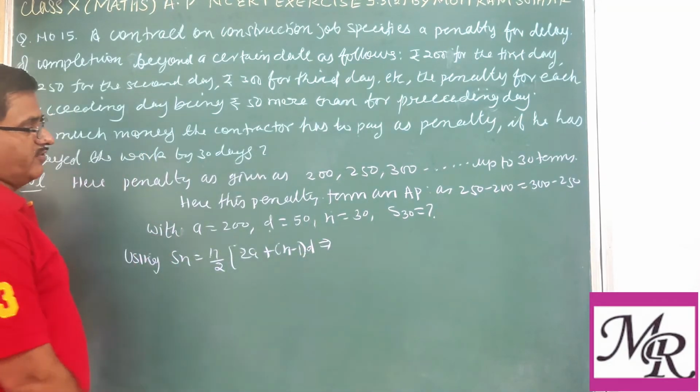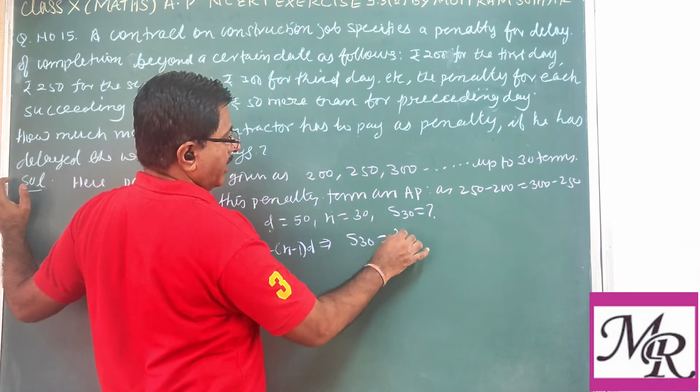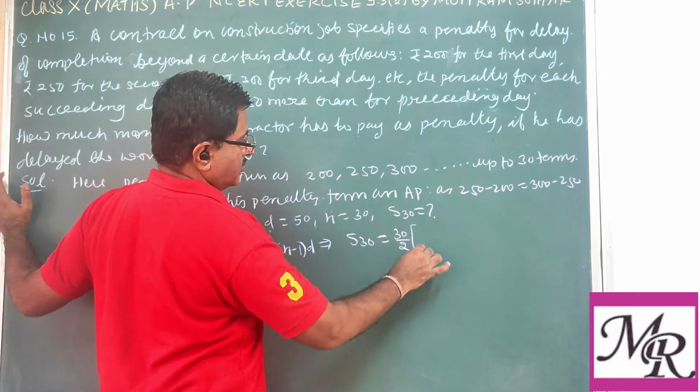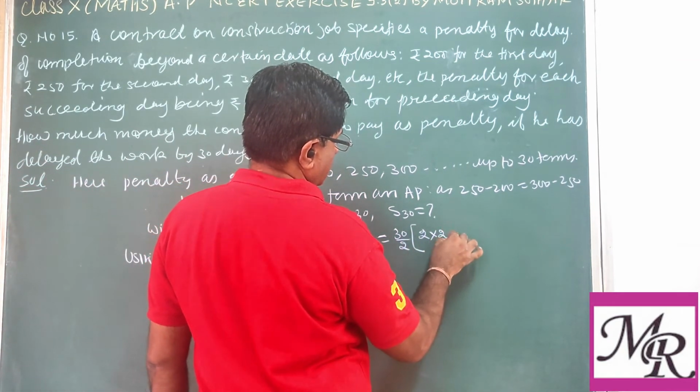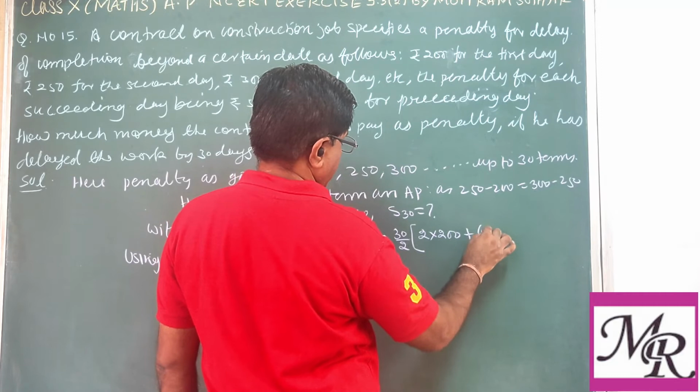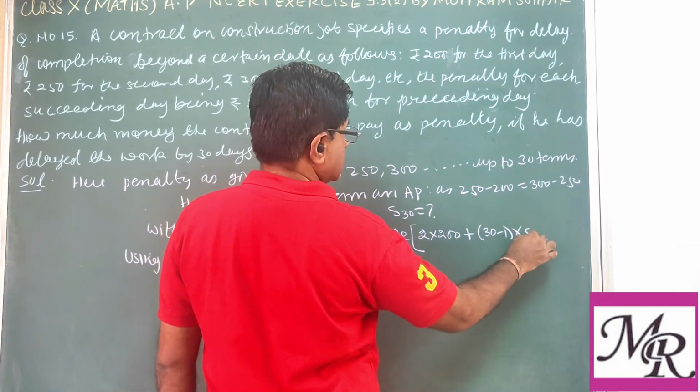Here n is 30, so n by 2 means 30 by 2, into 2 into a, so 2 into 200, plus n minus 1, that is 30 minus 1, into d, that is 50.